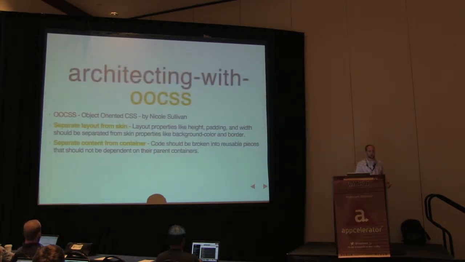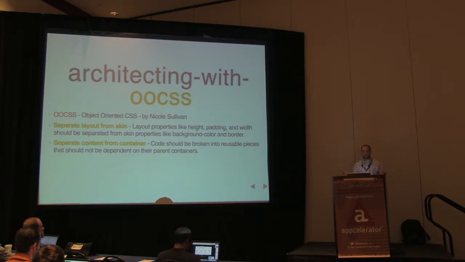So I want to talk about some of the different ways that we can architect our CSS. The first approach is architecting with OOCSS. It stands for Object-Oriented CSS. It's a project created by Nicole Sullivan, and there are 2 main points. First, she suggests that you separate your layout code from your skin code. Layout code is code that affects the box model, so things like your height and width and your paddings and margins.